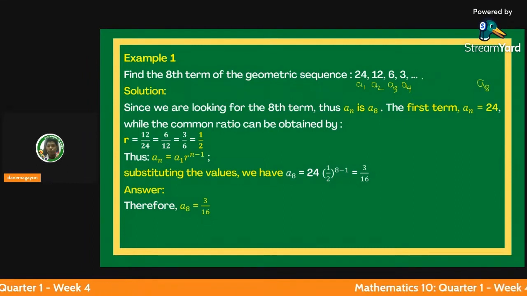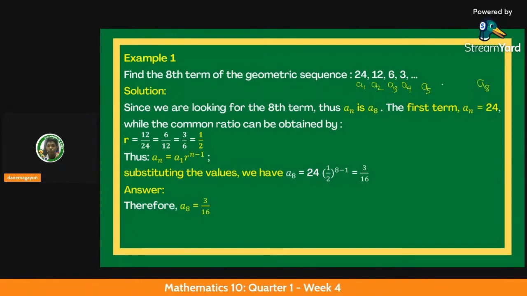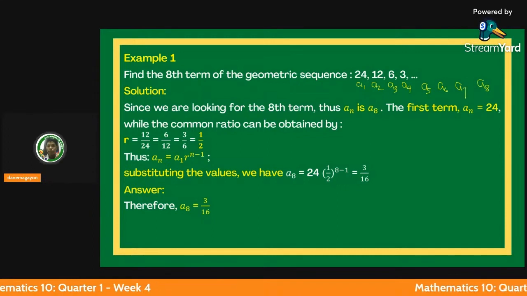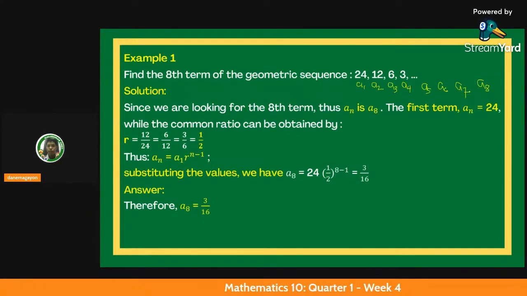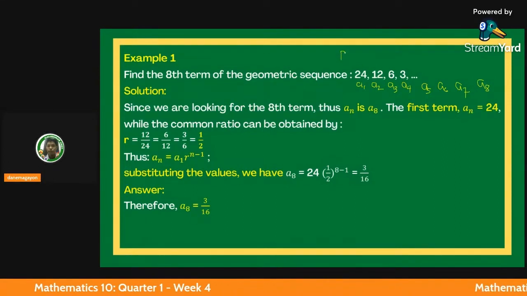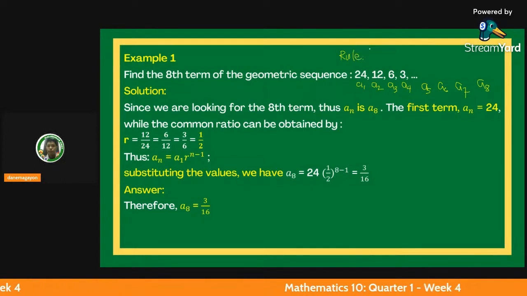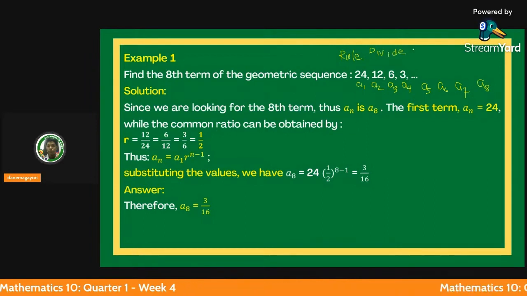So, meaning, if we will try to generate this, hanapin yung a sub 5, yung a sub 6, and then we have a sub 7 before you reach a sub 8. Diba ganito yung magiging procedure niyan or means on how to determine this. Diba kung babalik tayo dun sa naging discussion natin before, diba pwede tayo dito mag-set ng rule. Yung rule natin for number 1 is we divide yung certain term natin or yung mga terms in this sequence by 2.